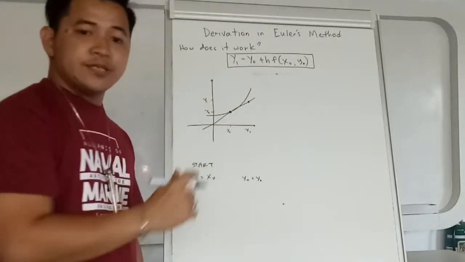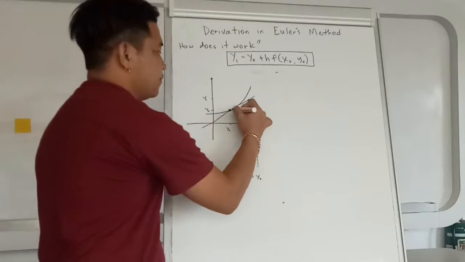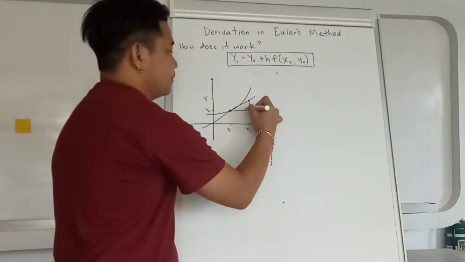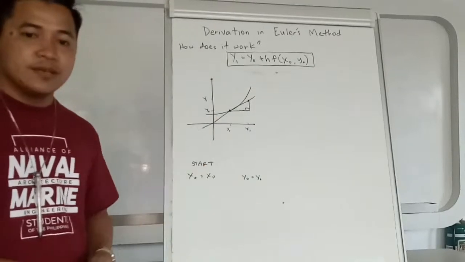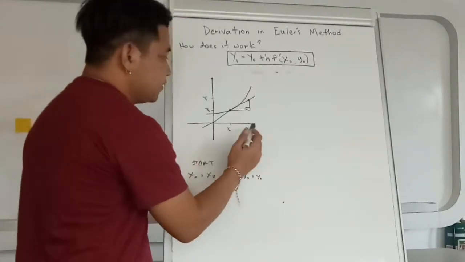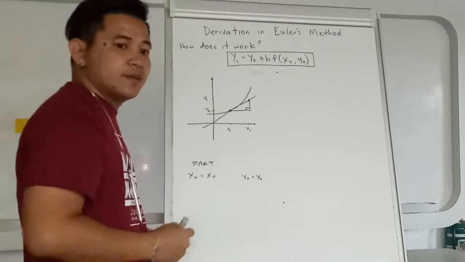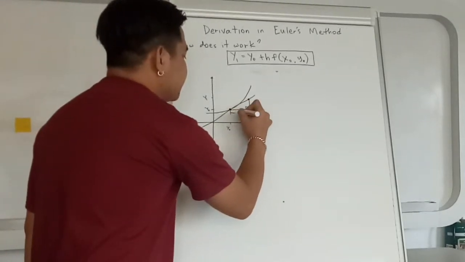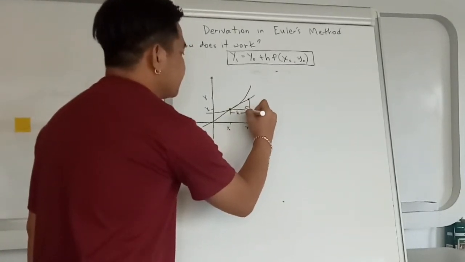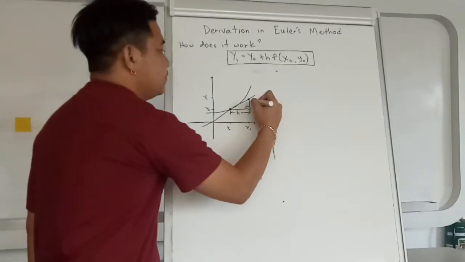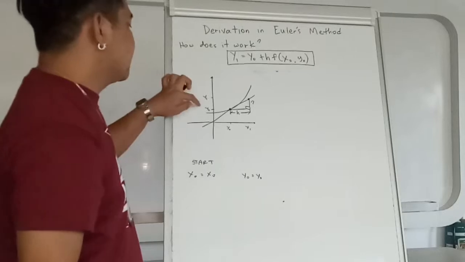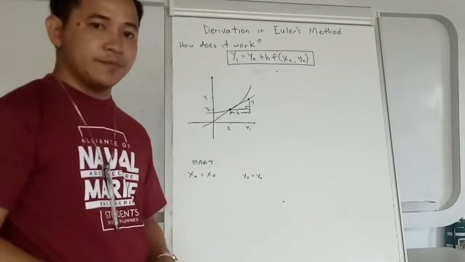So from these 2 points, we create a right triangle. As you can see, we have a distance from x sub 0 to x sub 1, which is called our step size, or the h. And we need to get the distance from y sub 0 to y sub 1.